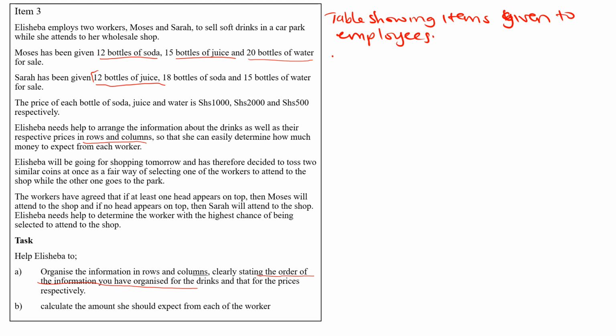Now I'll have here Moses, then I'll come here and I have Sarah. Now let me have here bottles of soda, then I have bottles of juice, then I can have bottles of water.